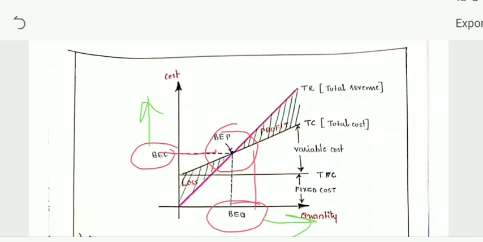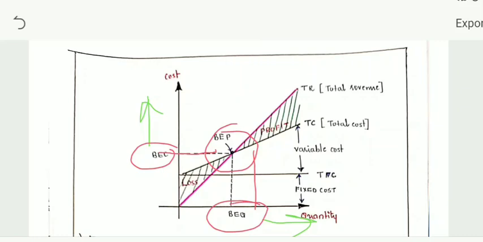Later we will be solving numericals regarding this concept. They will give you the selling price, the cost price, the fixed cost, and variable cost, and you need to calculate after selling how many units your company will break even. Or the question will be like, to achieve a profit of this much amount, how many products must be sold.